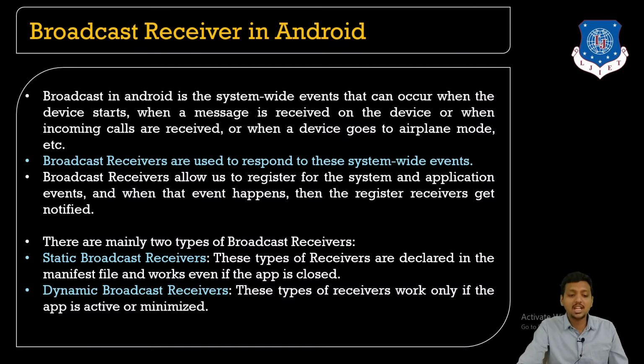But dynamic broadcast receivers work only when the application is active because we define them in the onCreate state. So there is a difference between static and dynamic. Remember, static broadcast receivers are in active state even if the application is closed, and dynamic broadcast receivers are in active state only if your activity is currently going on, or I can say the application is currently open.